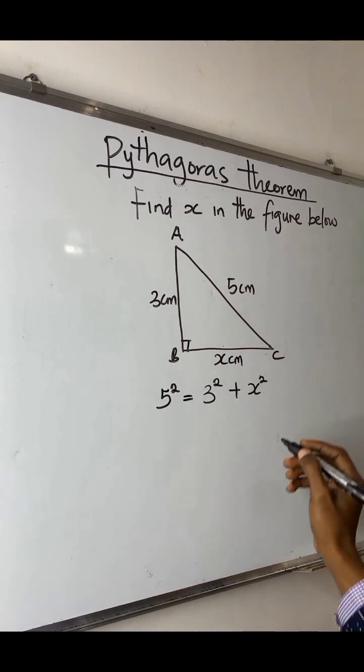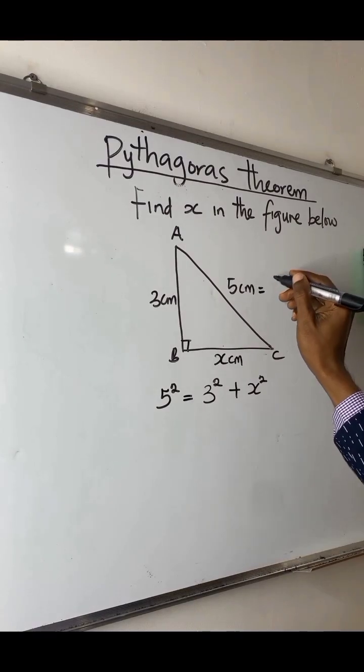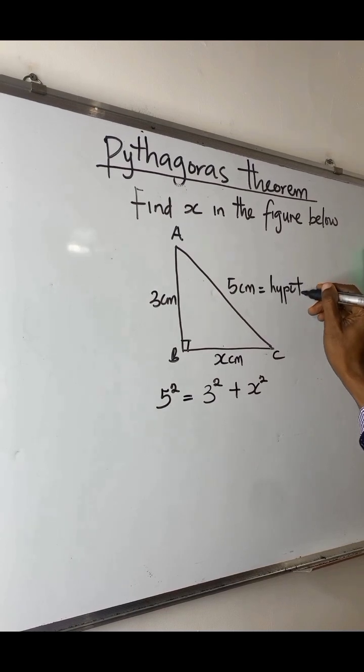That was the theorem: the square of the longest side of a right angle triangle is equivalent to the sum of the squares of the other sides of that right angle triangle.